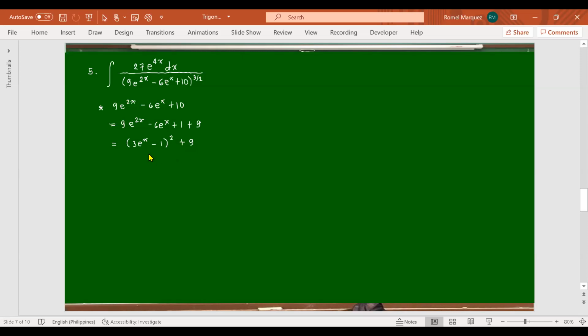So this is my u squared, and this is my a squared. This takes the form of a squared plus u squared. So my u is 3 e to the x minus 1, and a is 3.